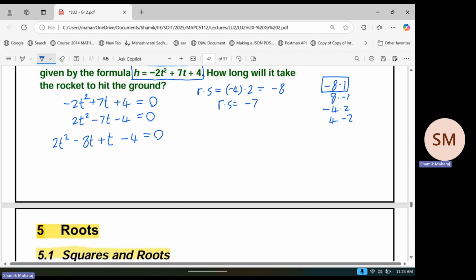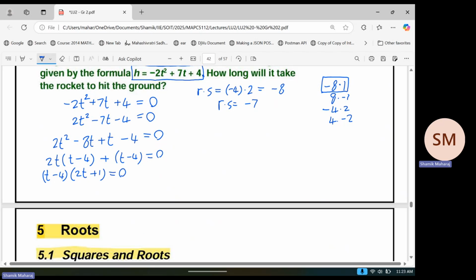From the first two terms, I pull out a common factor. That will be 2t, and I'm left with t minus 4. From the second two terms, there's nothing to pull out, so we just leave t minus 4 as it is. Now we can factor one step further. We pull out a t minus 4. What we're left with is 2t plus 1 is equal to 0. Okay, that's the factoring done.